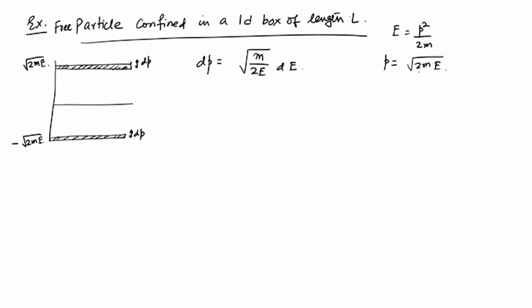So, if you take a dP and write it in terms of dE, it will become this. So, the total number of microstates for this E_L and within this dE is nothing but 2L into dP, and L into this dP is nothing but root 2m by E, and so there is a 2 there, and then there is a 2 which has been adjusted here.